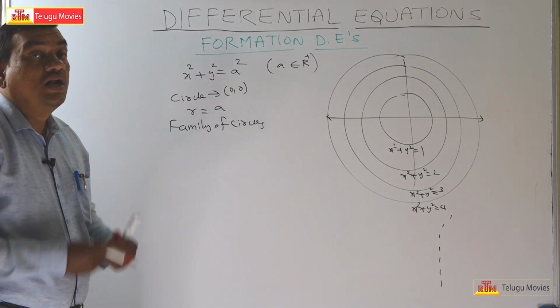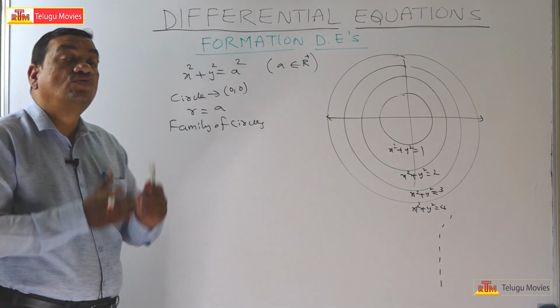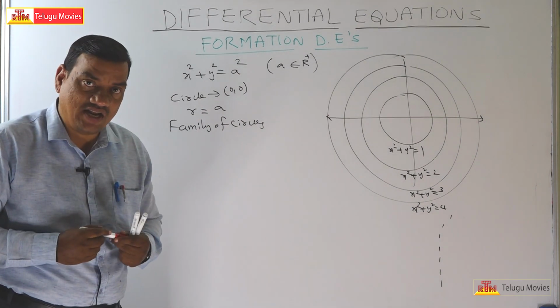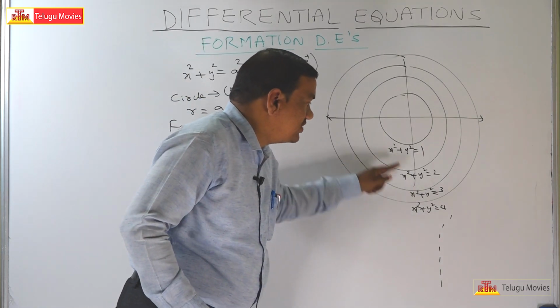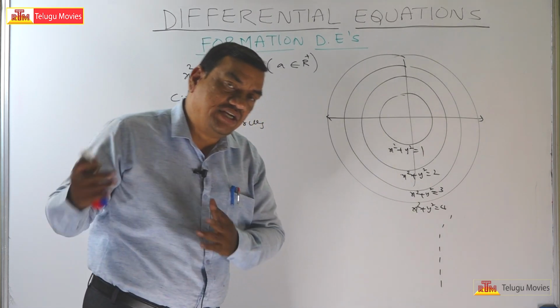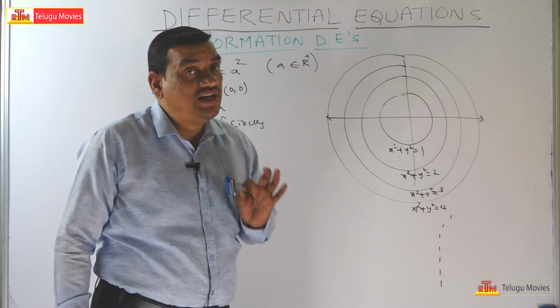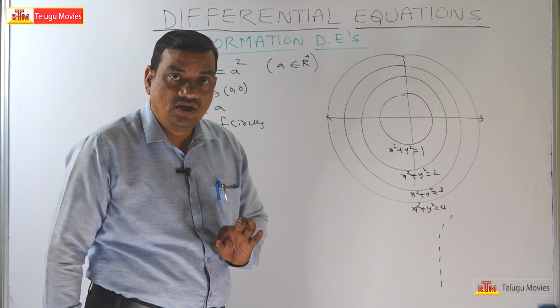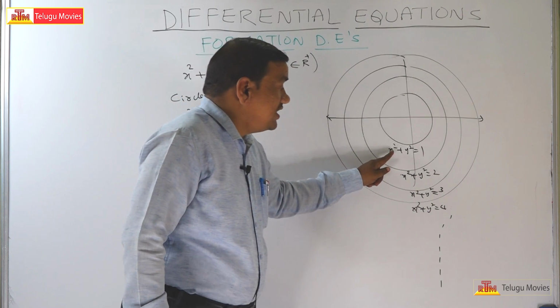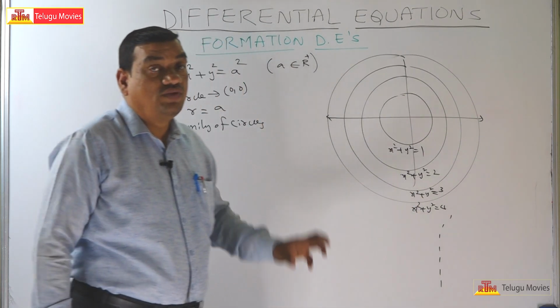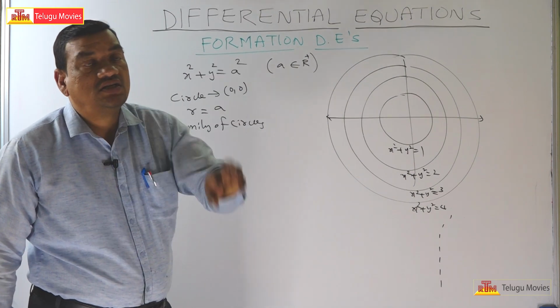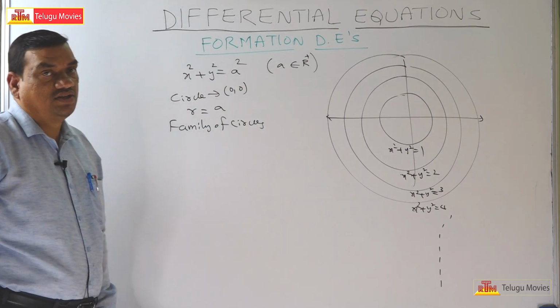Now my aim is to find an equation which satisfies all these equations 1, 2, 3, 4, and so on to infinity. That equation should satisfy each and every equation of the family of the given circle equation.